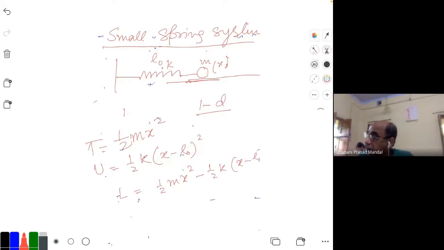If you consider your rest length to be 0, then it will be half k x square. And if you find the equation of motion, then you get the simple harmonic oscillator equation of motion.